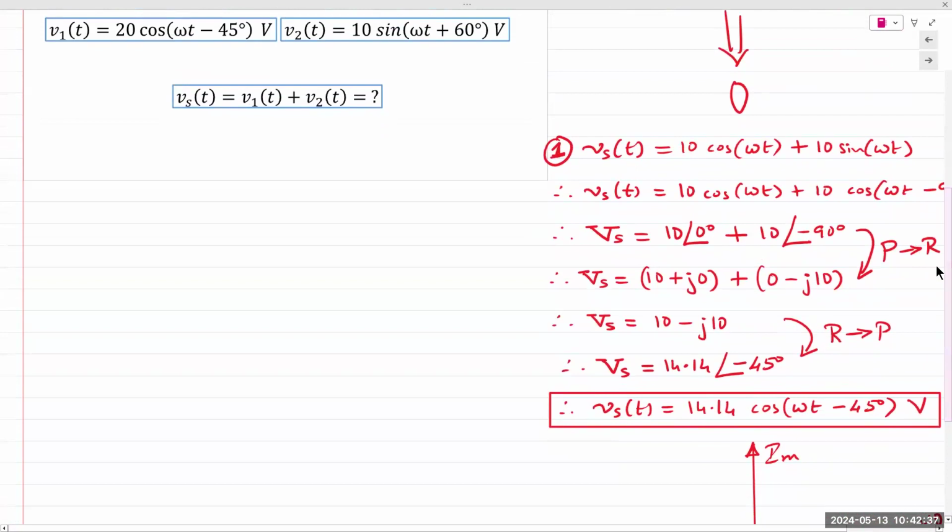So again, I will solve it as we go along. I would advise or suggest to students that they solve it without looking at the screen. And so then once you get your final answer, just verify with mine. So we have V1 of t.